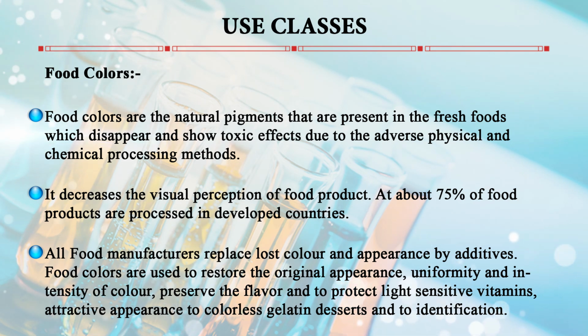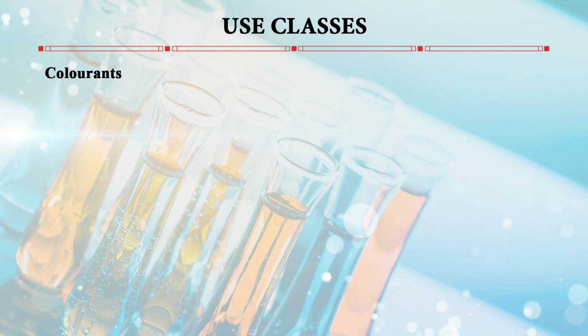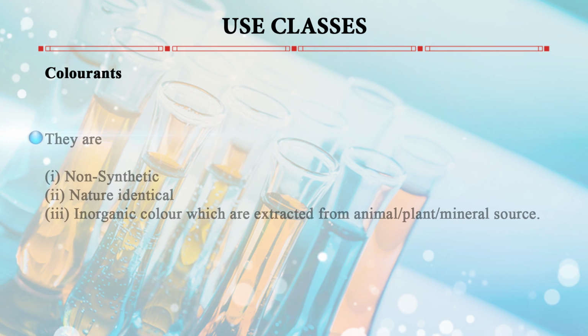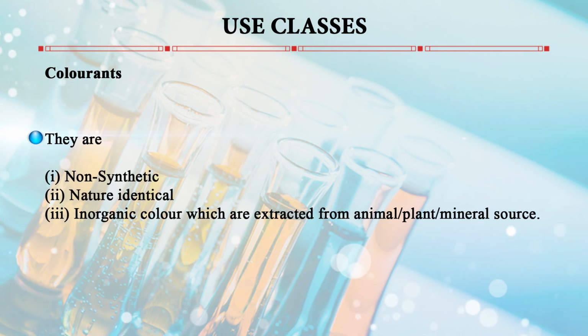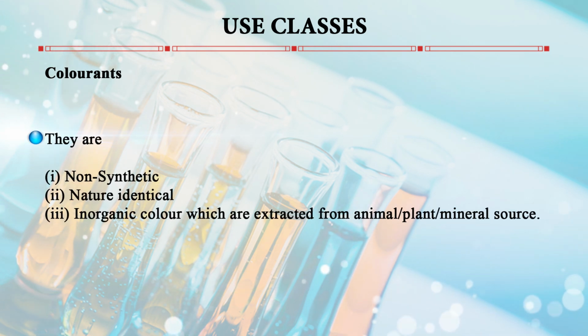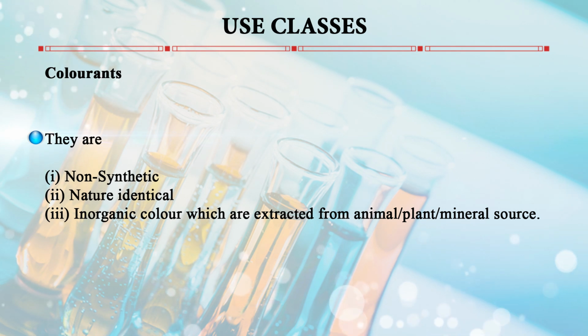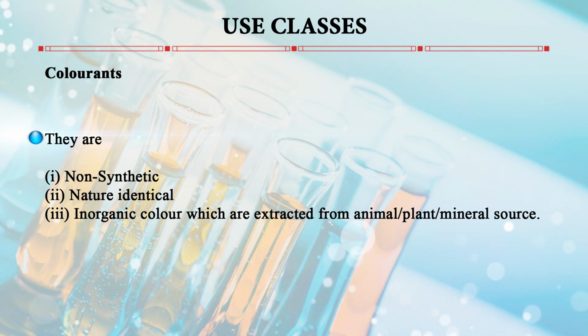So food colors are used to restore the original appearance, for uniformity and intensity of the color, for preservation technique and flavor, to protect light-sensitive vitamins, to give an attractive appearance to colorless gelatin desserts, and for identification. Colorants that are non-synthetic in nature, or nature-identical, and inorganic colors are extracted from animal, plant or mineral sources.